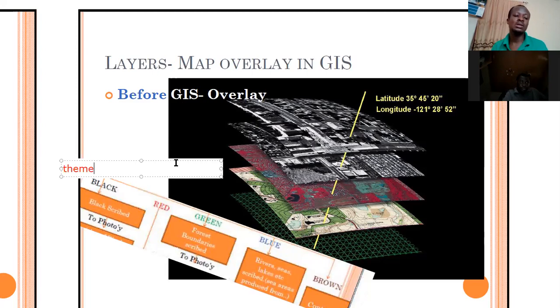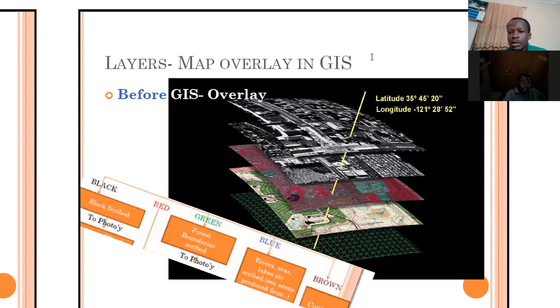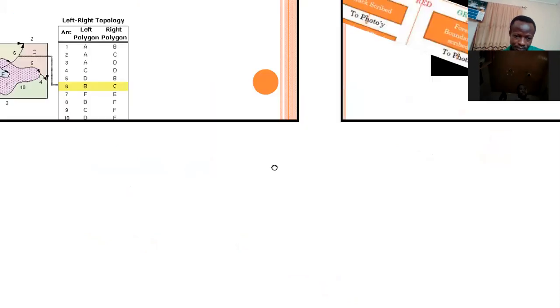One is on light poles, and the other one is on boreholes. So we separate data into different layers and we can recombine them. The whole idea of separating data into different layers is to recombine those layers.